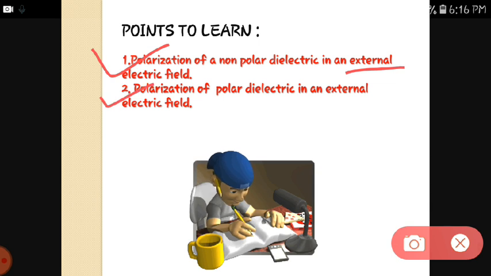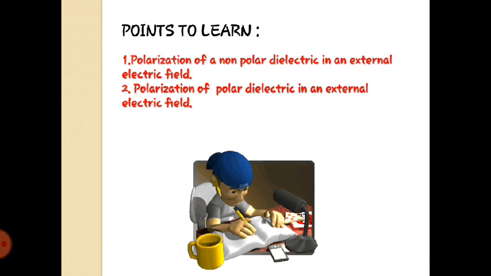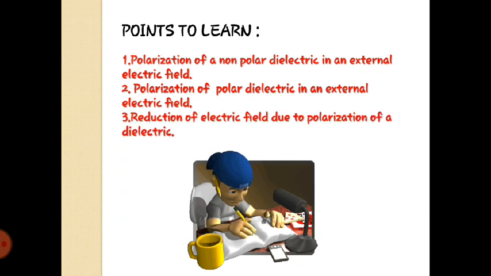Again, the second one is polarization of polar dielectric in external field. These 2 points we are going to discuss, and there is even a third point, which is reduction of electric field due to polarization. When polarization happens, what happens to the electric field? Does it decrease or increase?